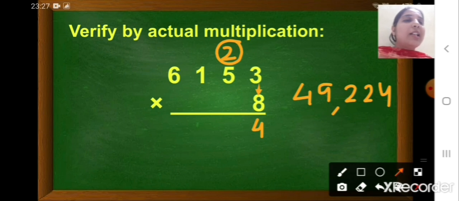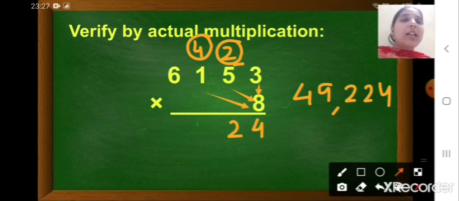Now we'll multiply the digit at the tens place by 8 here. 5 8s are 40 plus this carried over digit, 40 plus 2, 42. So 2 we will write here and 4 will be carried over. Now we'll multiply the digit at the hundreds place by 8.